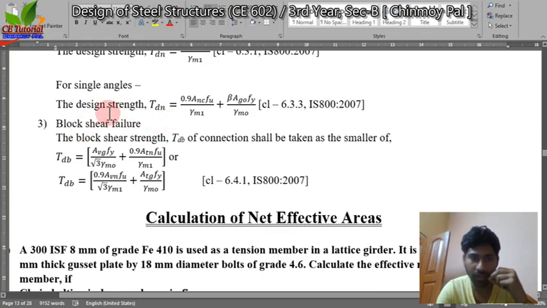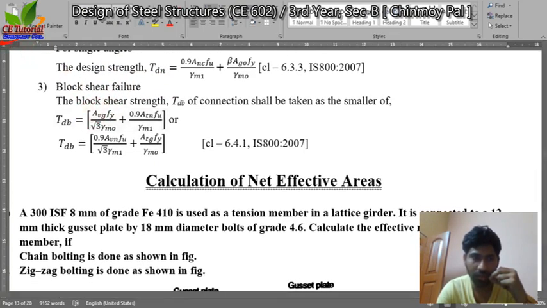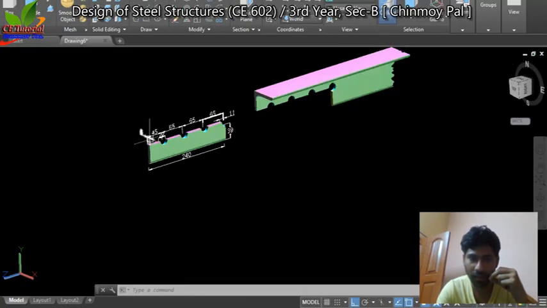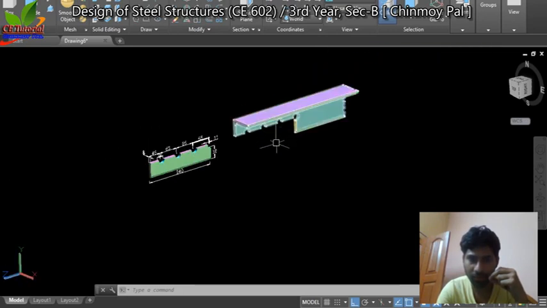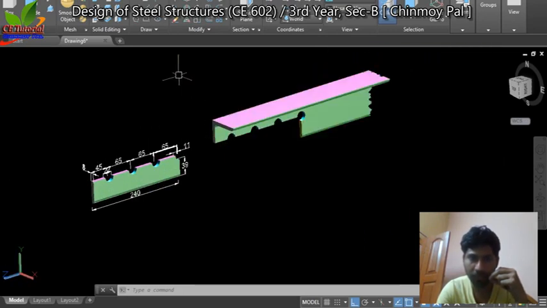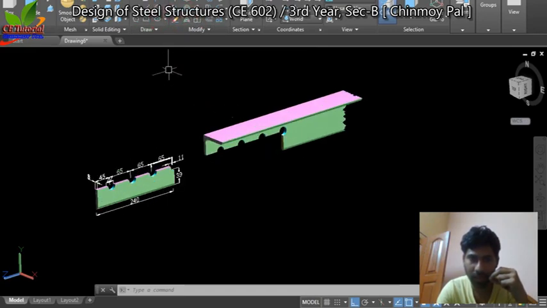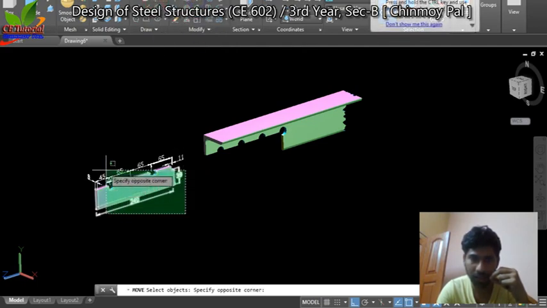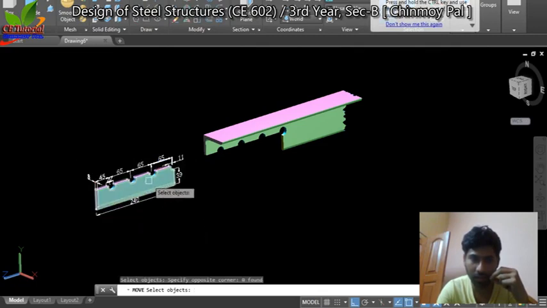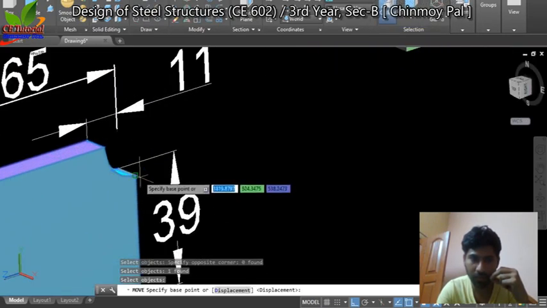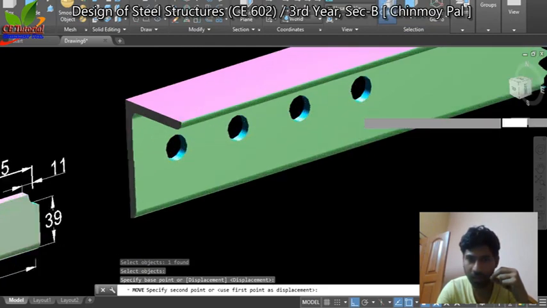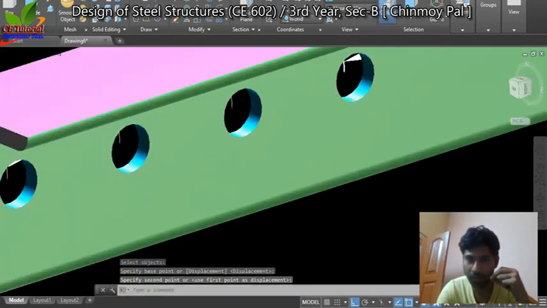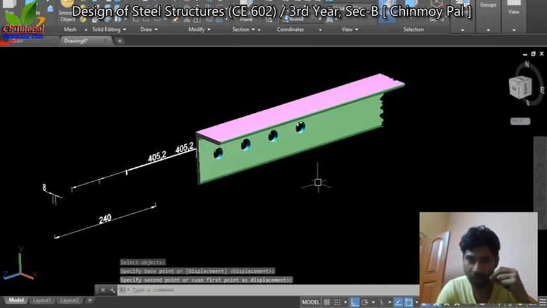And what is block shear failure? Block shear failure is like that when a member is subjected to a tension. Suppose this is the actual section.